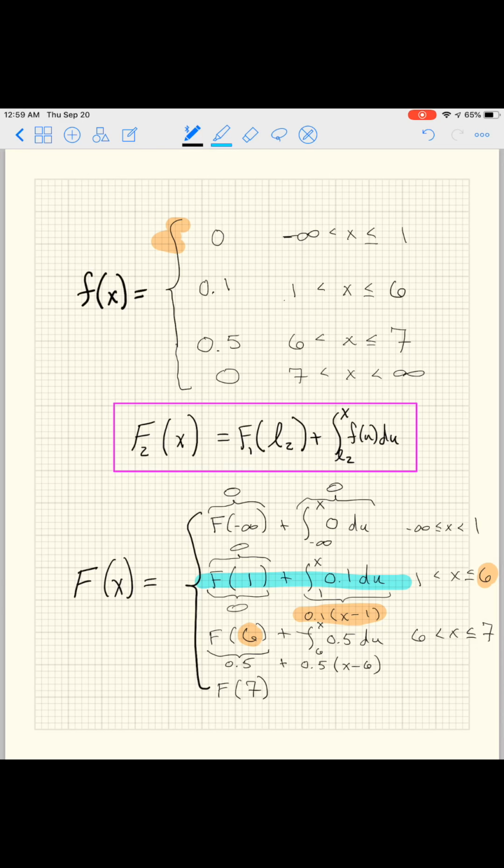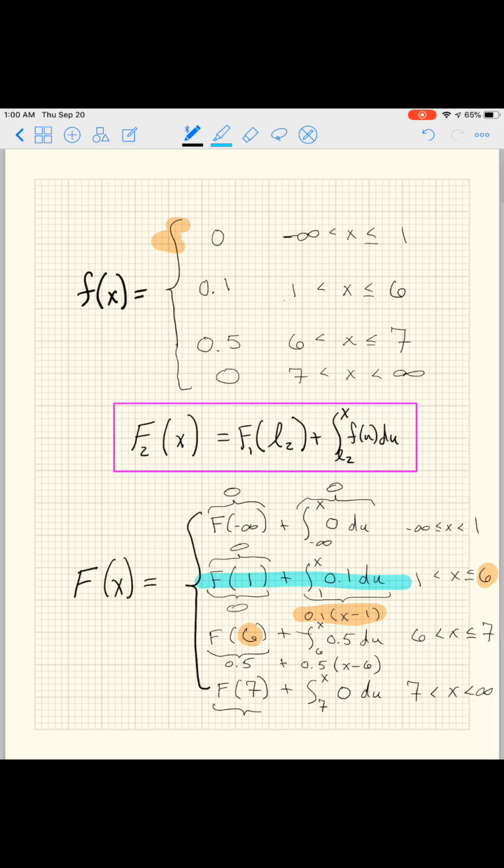So then in my last row, this is just going to be f of 7 plus the integral from 7 to x of 0 du, and that's from 7 less than x all the way up to infinity.